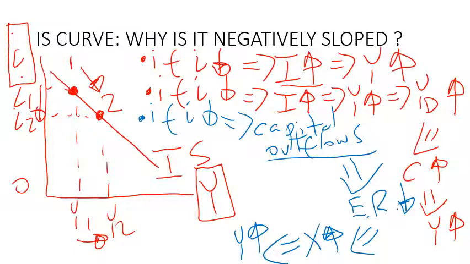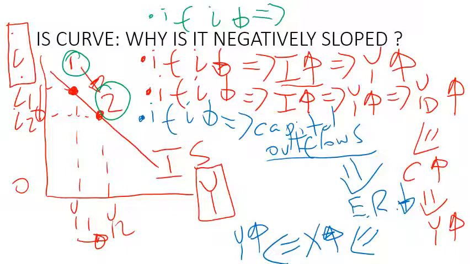All right, and last one, the last reason why the IS curve is negatively sloped. I'll put it on top here in green. If the interest rate decreases, again, if we move from point 1 to point 2 on the IS curve, then what normally happens, and this is probably the weakest part of this explanation because we're dealing with government behavior.